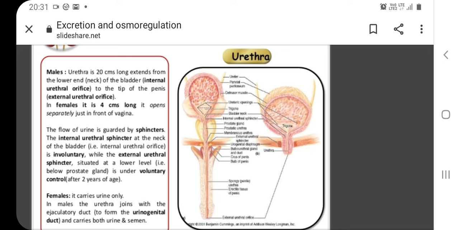In female, the urethra is 4 centimeters long. It opens separately just in front of vagina. The flow of urine is guarded by sphincter.